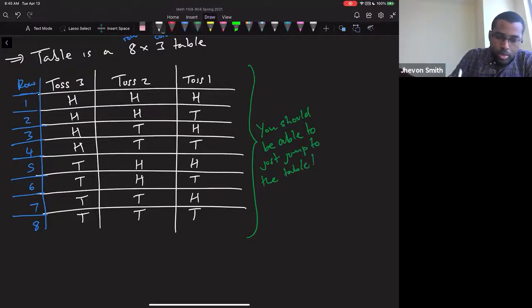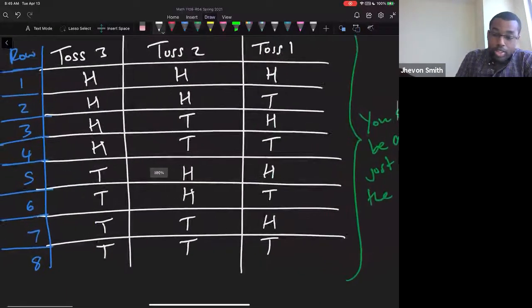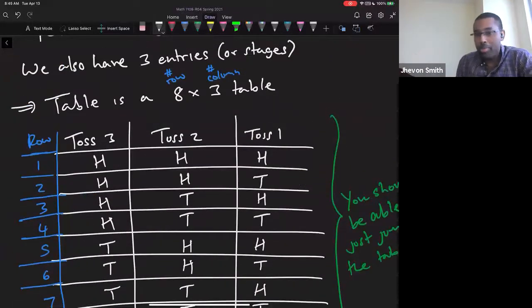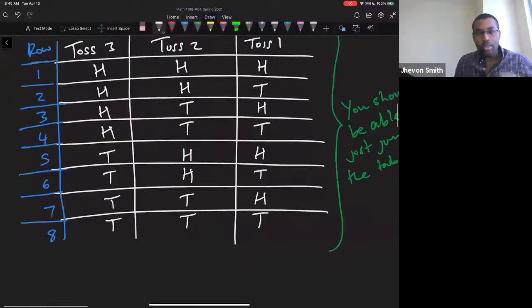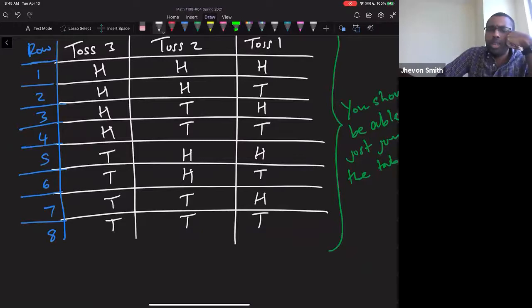I just went through that for the benefit of those who don't know how to construct a table or what size the table should be. I've already explained all this, but I went over it again as another review. But just by reading this problem, you should be able to jump to this table. Just know, oh, I need 3 columns, 1 for each toss, and I'm going to have 8 options. It's something I would expect you to know relatively quickly in the future.